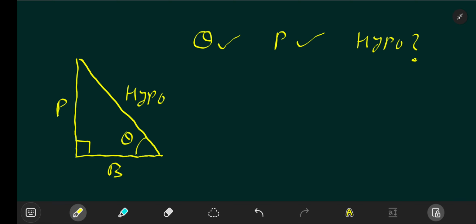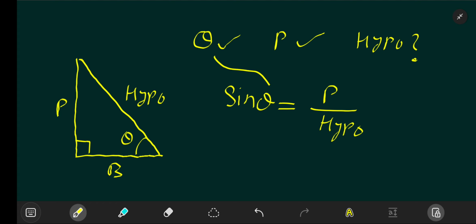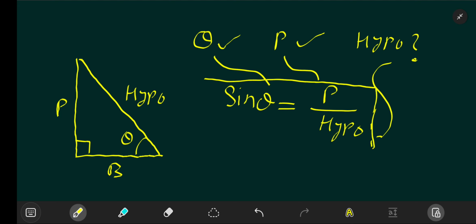Let sin theta equal perpendicular side by hypotenuse. Now sin theta is there, the perpendicular side is there, and the hypotenuse is there. This is the correct trigonometric function to solve the problem by seeing the given information.